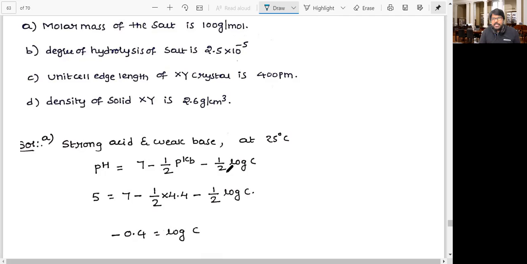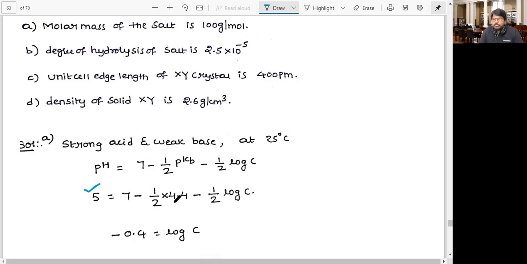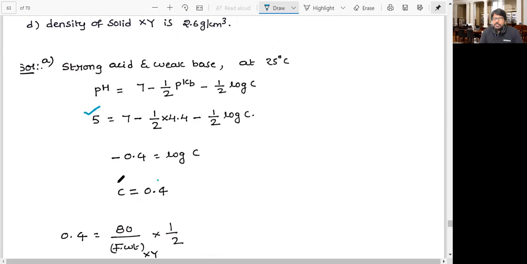Which ion undergoes hydrolysis? Here it is a salt of strong acid and weak base, so cationic hydrolysis. And pH is given. And pKb I have calculated because Kb is 4 into 10 power minus 5. pKb is 5 minus log 4, which means 4.4. From this, I am finding the concentration.